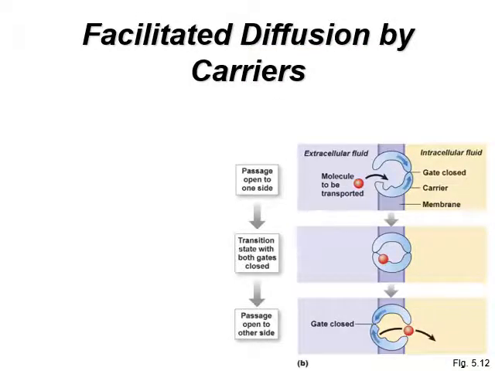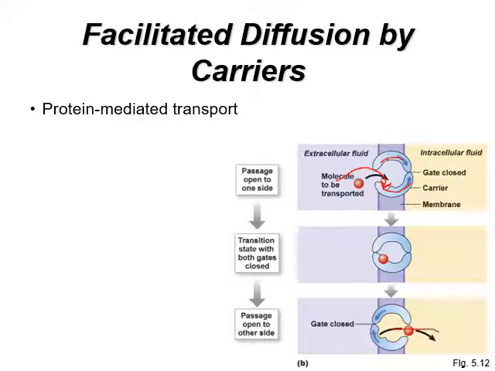So let's take a look at this movement through the carrier. You can see the molecule comes in and the molecule is actually going to bind. And there is a conformational change in the shape of the protein, in the shape of the carrier here. Here it's open to the outside, then it's going to close up to the outside and open to the inside.